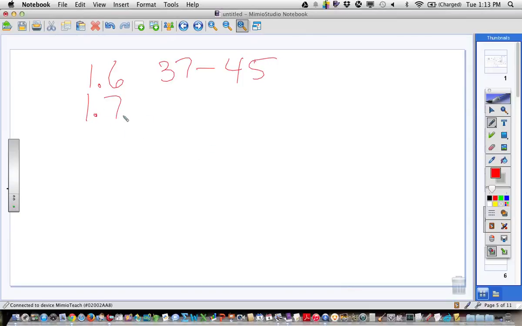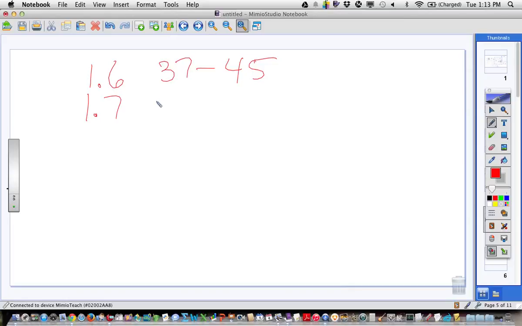This is a little different than what's on the assignment sheet, because I've kind of changed it up here. 1.6 is 37 through 45, which is another set of exercises kind of like 21 through 36 was today, using the chart. It's so important because that's a big part of what our next quiz is.